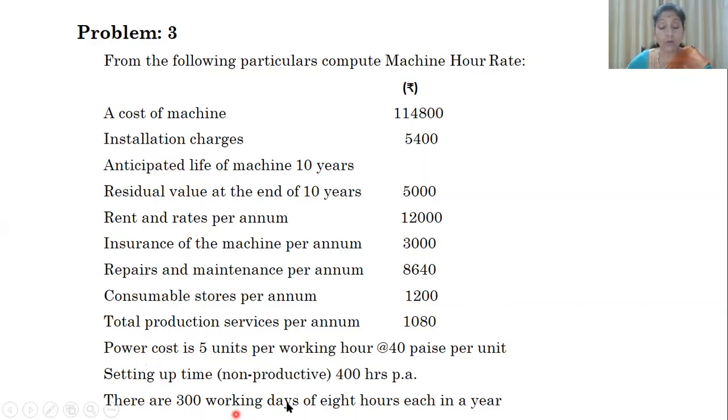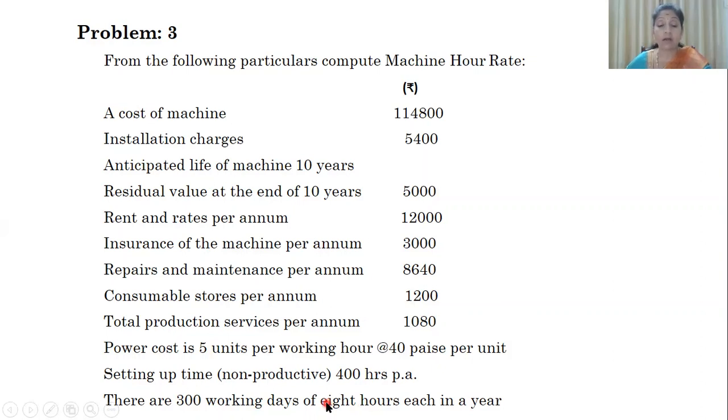There are 300 working days of 8 hours each in a year. So 300 days into 8 hours, 2,400.